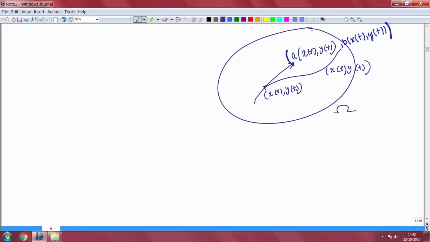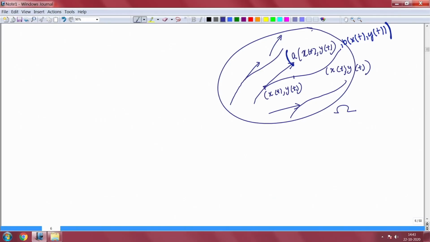So, every point has tangential direction (a,b), need not be parallel. What you are trying to do is divide your domain omega with curves that have the property that their tangents are given by (a,b), so you are trying to fill up the region.